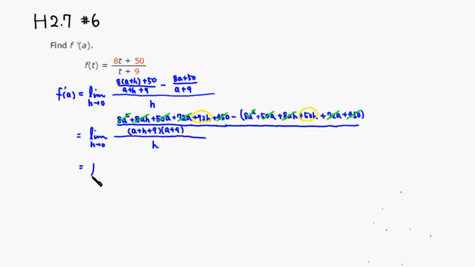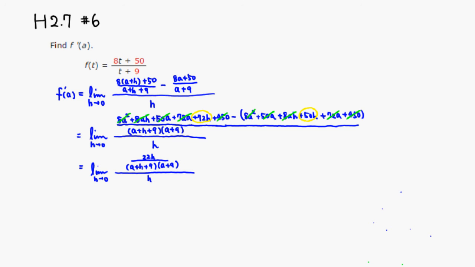So we have the limit as h approaches 0. 72h minus 50h would be 22h, and over we have a plus h plus 9, then a plus 9, all divided by h.